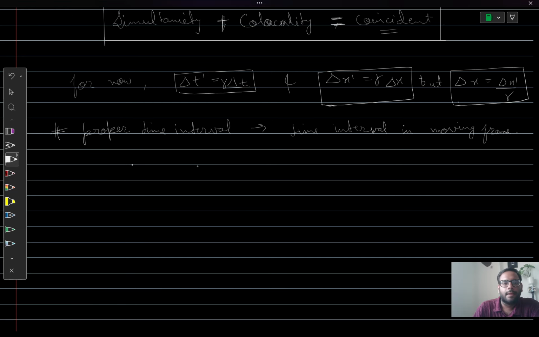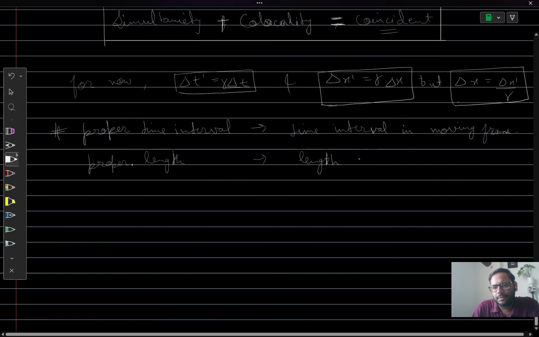And proper length, or say distance or length interval, in the moving frame.